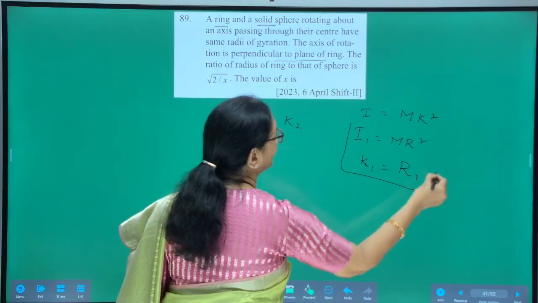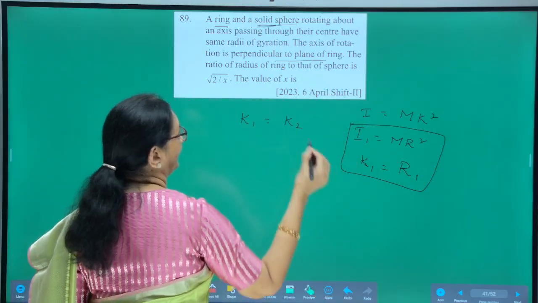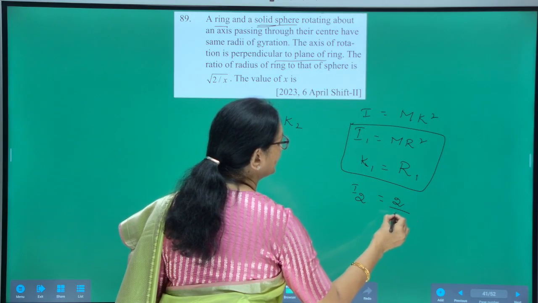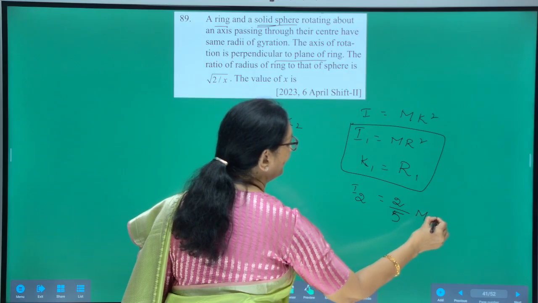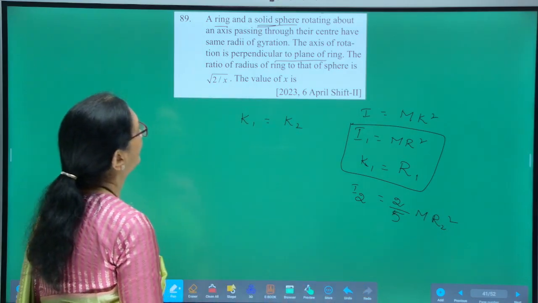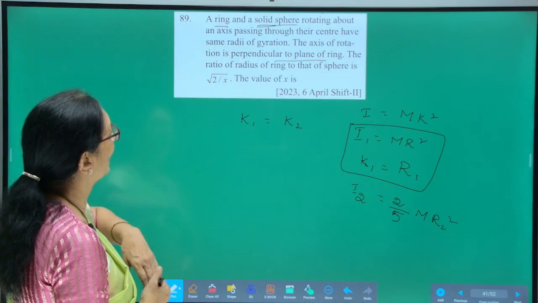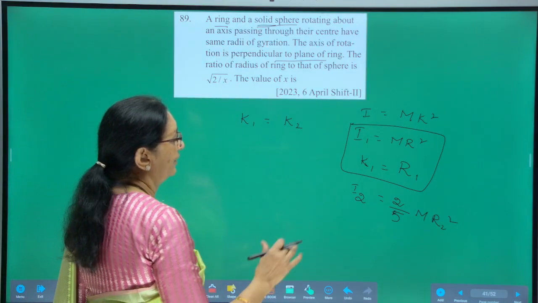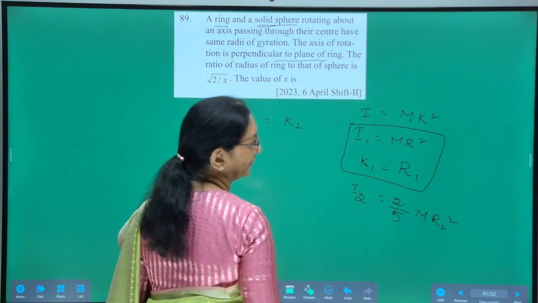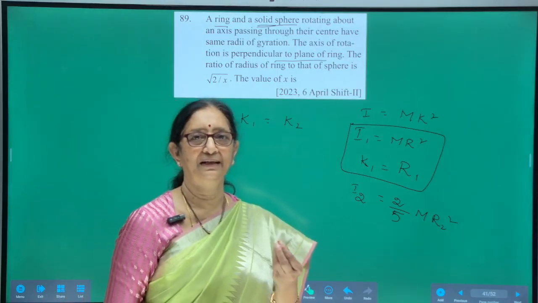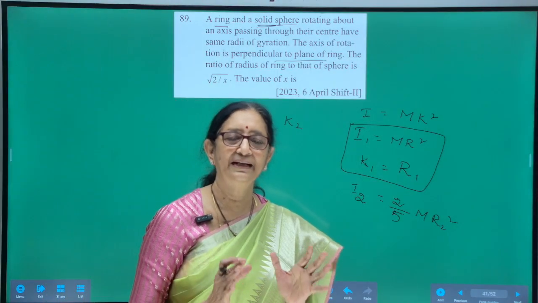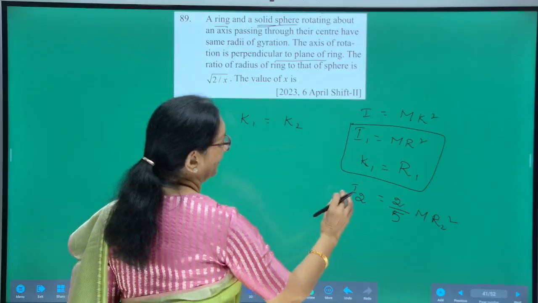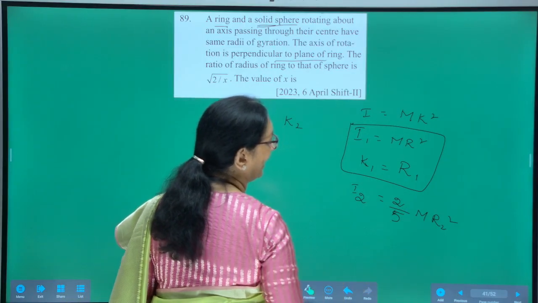Now, coming to the case of a solid sphere. In case of a solid sphere, moment of inertia is 2 by 5 m r2 square, because they have the same mass and radii are different, right. Even if they don't have the same mass, when we are interested in radius of gyration, it is independent of the mass, so nothing to do with mass here. So, I2 is equal to 2 by 5 m R2 square.